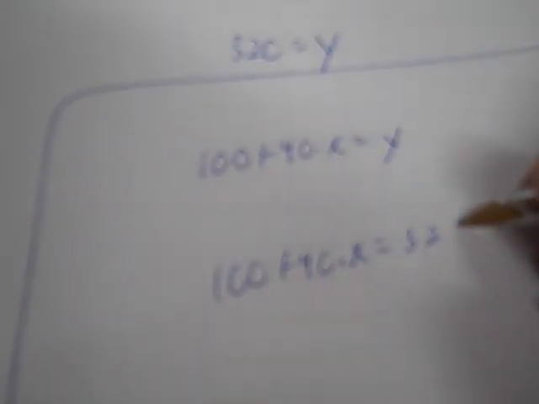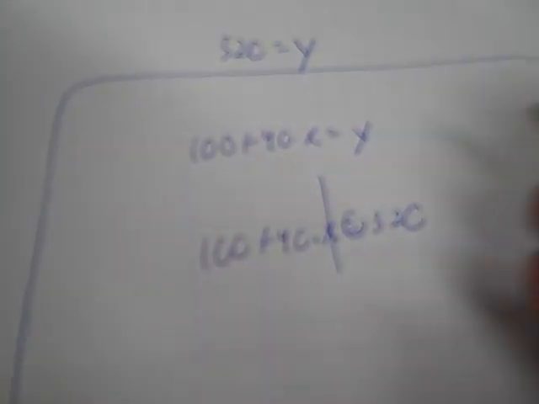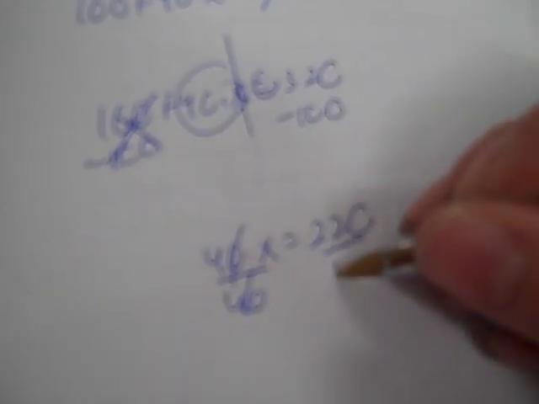So take your y out, put 320. Then you minus the 100, that's going to give you 220. Then you divide by the 40, and it's going to be a decimal. It's 5.5. So 5.5 hours.